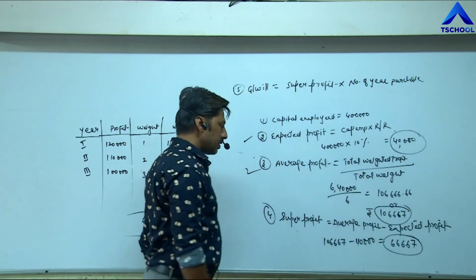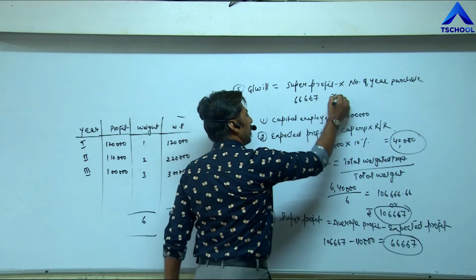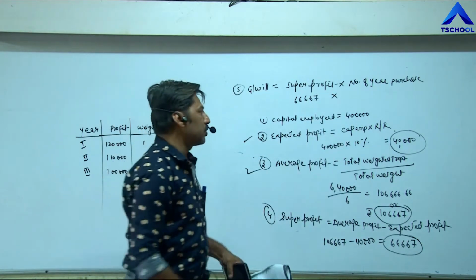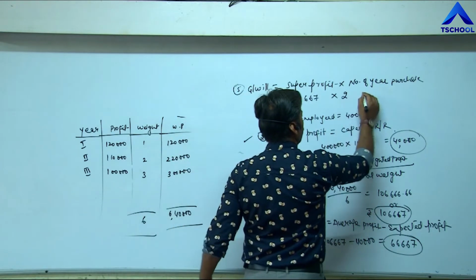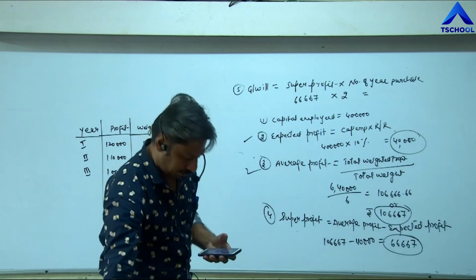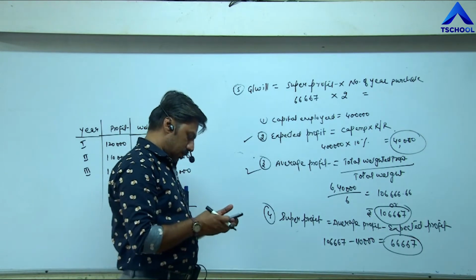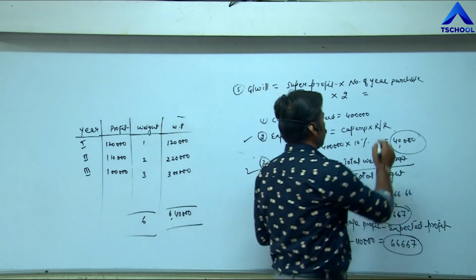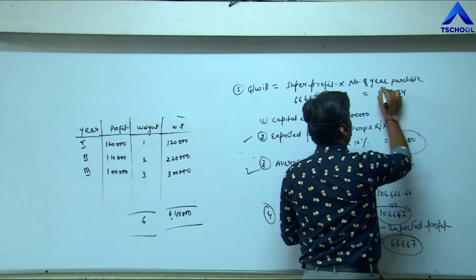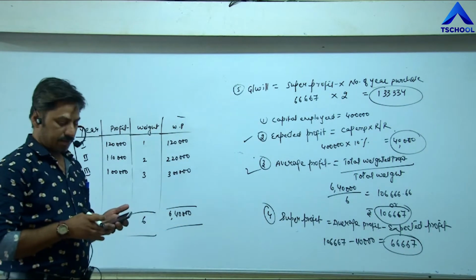So super profit is 66,667 into number of year purchase. In this question 2 times means 2. So multiplied with 2 is equal to 1,33,334. This is the answer in question number 9.